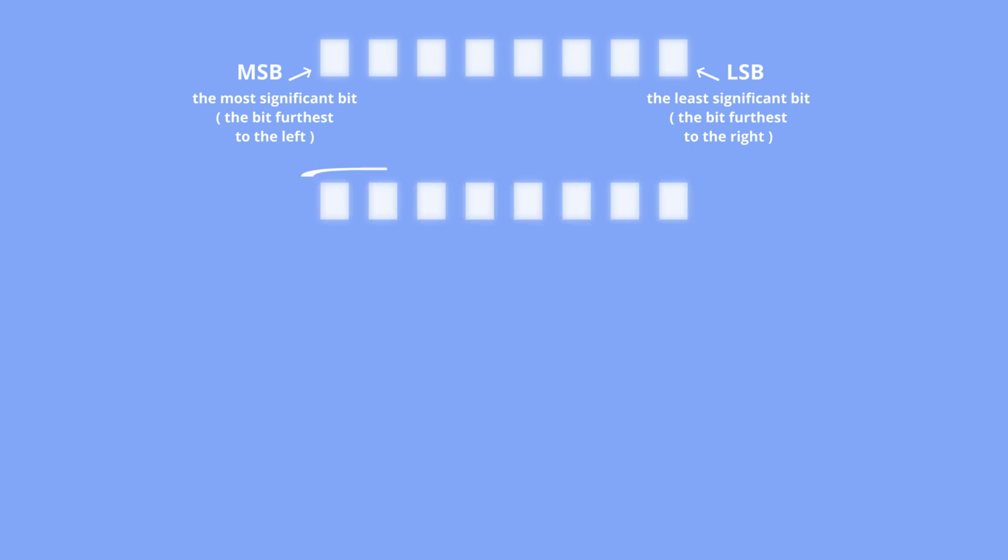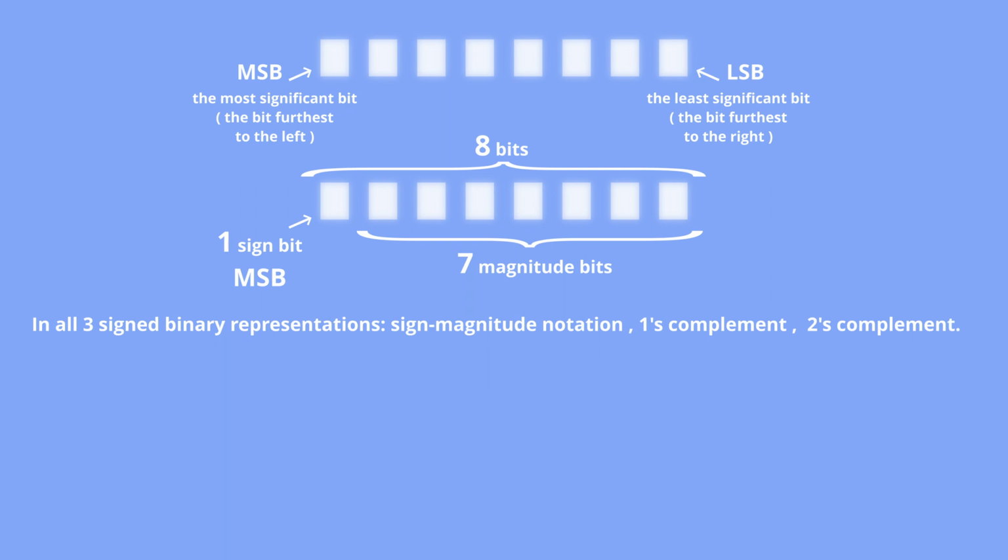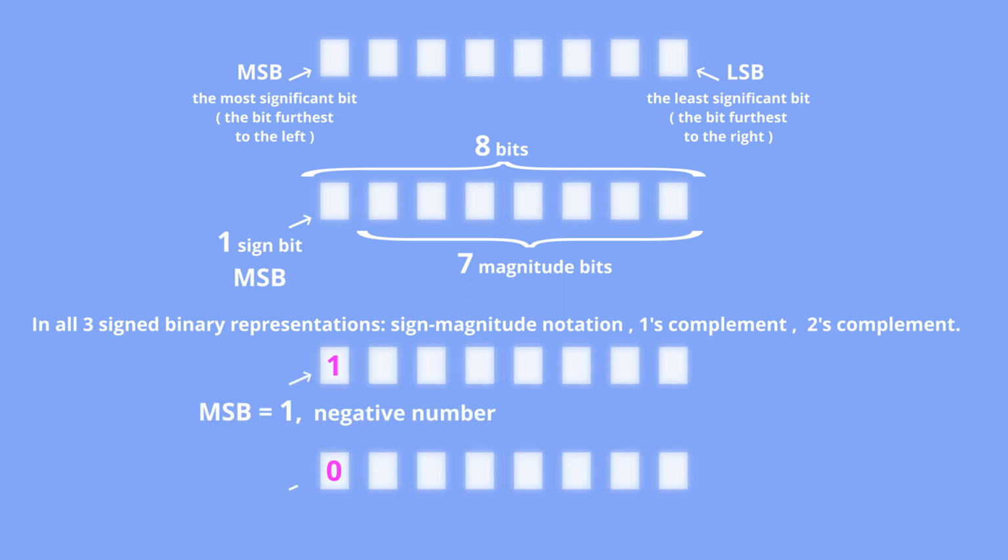For example, for an 8-bit number, MSB is used for sign representation, and 7 bits are used for magnitude representation. In all three methods of the signed binary numbers representation, sign magnitude notation, 1's complement and 2's complement, MSB equals 1 for negative numbers and equals 0 for positive numbers.